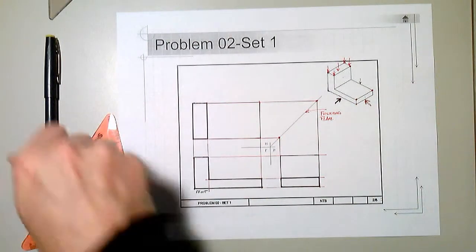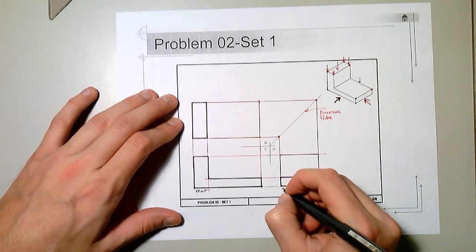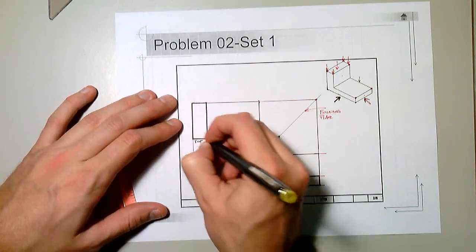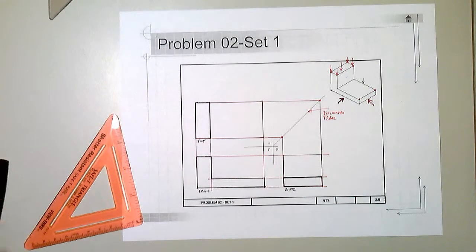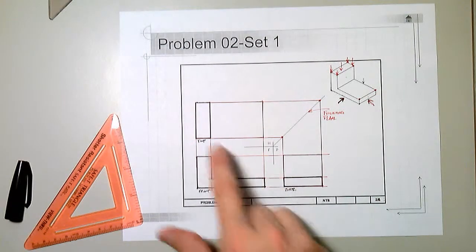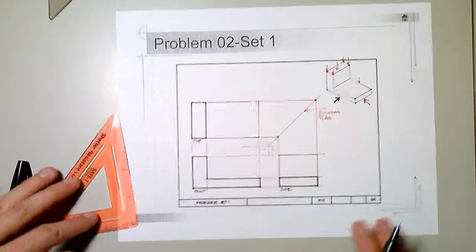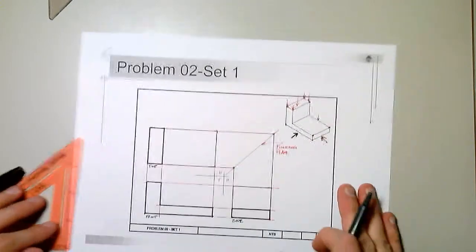Alright, and that gives us our front, side, and top views. Notice how this pops out, just like if you were looking down and those faces popped out. Alright, let's move on to the next one.